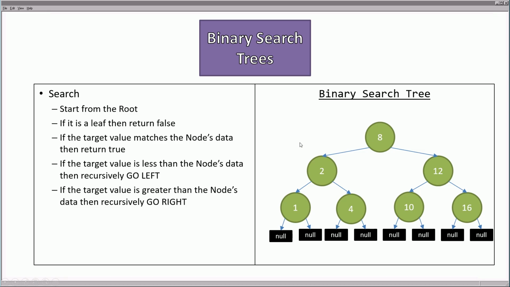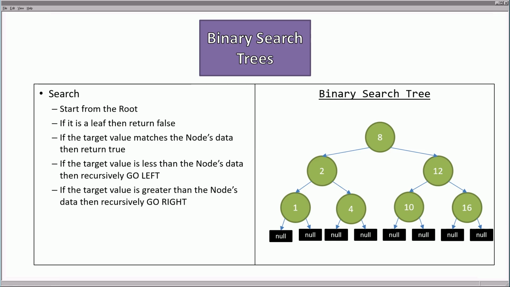Now we look, 4 is greater than 2. This indicates that we don't need to look at the left-hand side because all these values are less. We just have to look at the right-hand side. So as 4 is greater than 2, we then go right. And now the target value 4 is equal to the data here, 4, and so we return true.